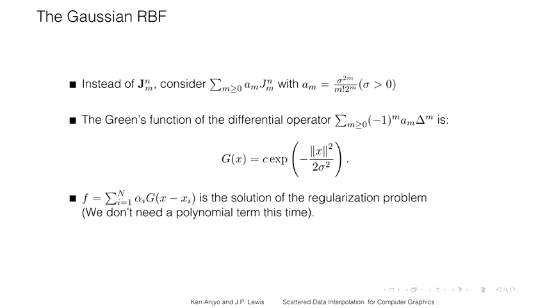So how about in the case of the Gaussian RBF? Then we don't apply the discussion we made in the previous slides, because the function J should be different. Now let's consider such infinite-order differential operators. Here, n simply means the number of variables, so don't worry about it too much.